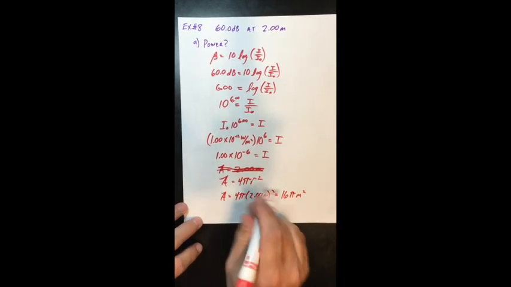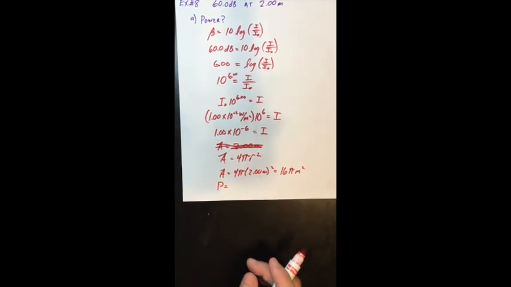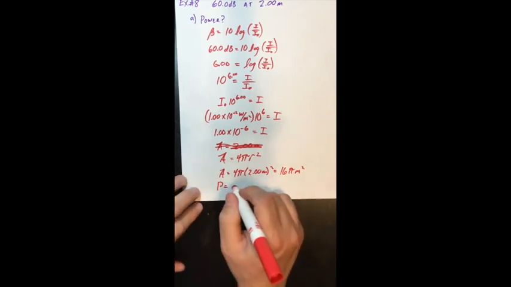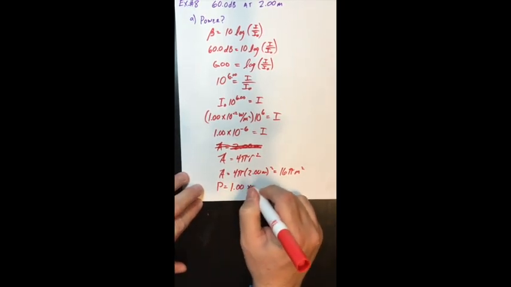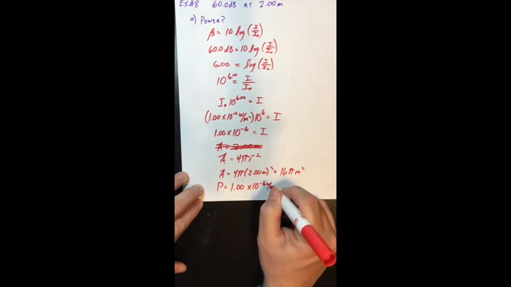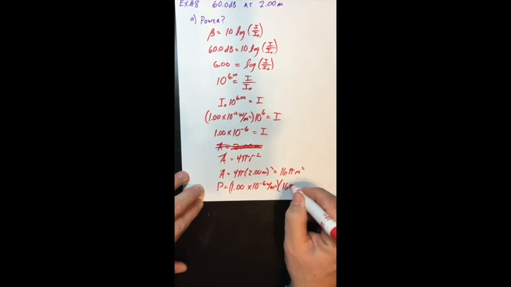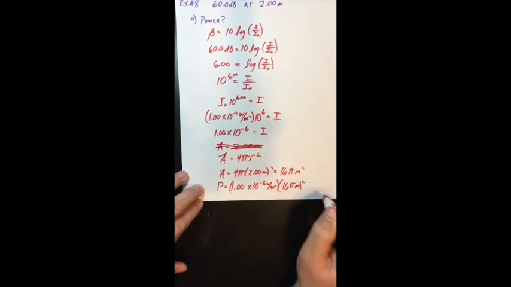All right, so finally, last line here, we want to find the power. So we're going to multiply our intensity, which is 1.0 times 10 to the negative 6 watts per meter squared, times our surface area, 16 pi meters squared.